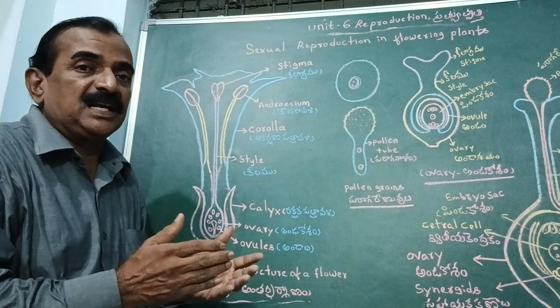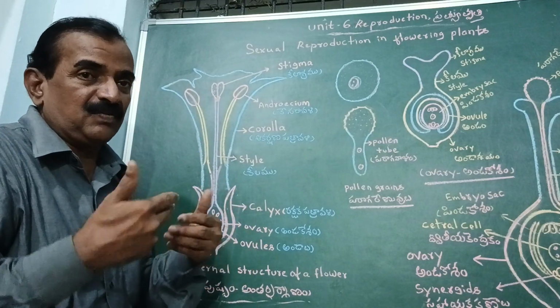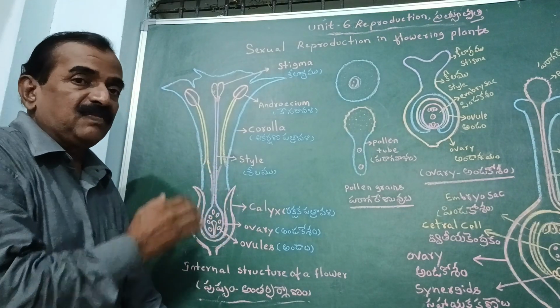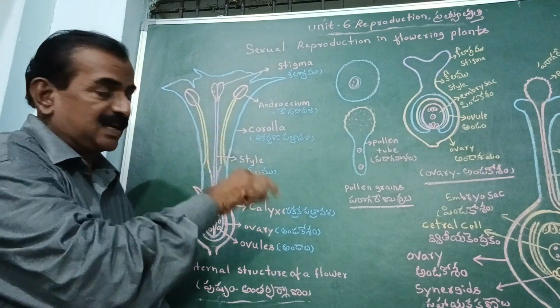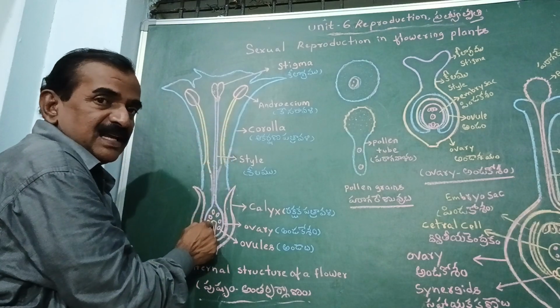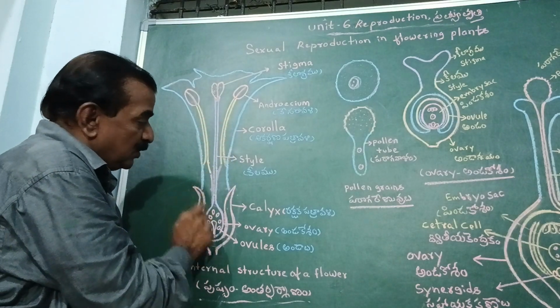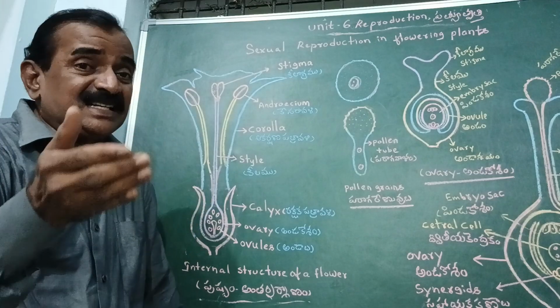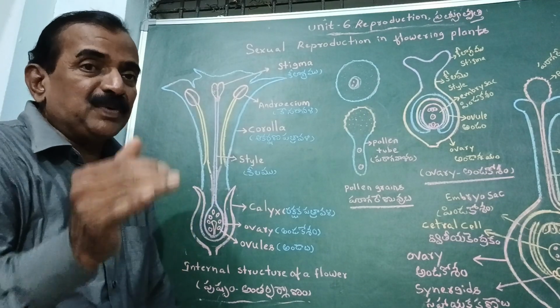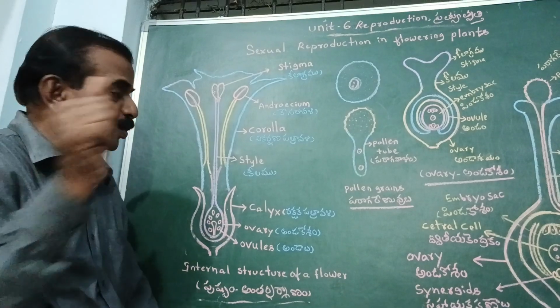Those flowers are called bisexual flowers. This datura flower has both sex organs. This one is called the gynoecium, the female reproductive part. The gynoecium is also called the carpel.